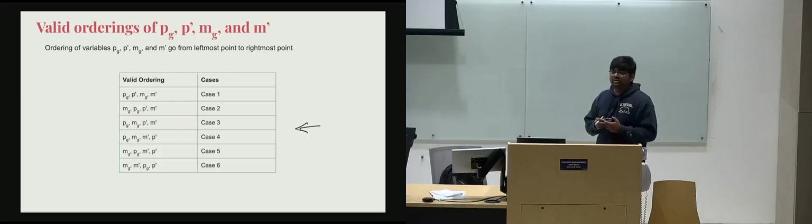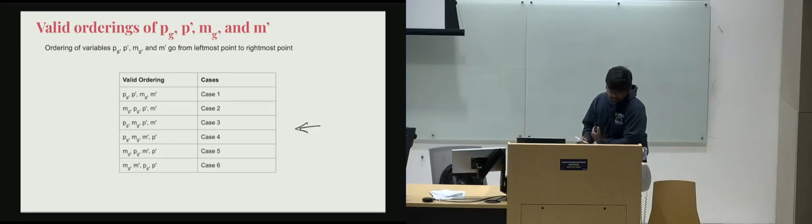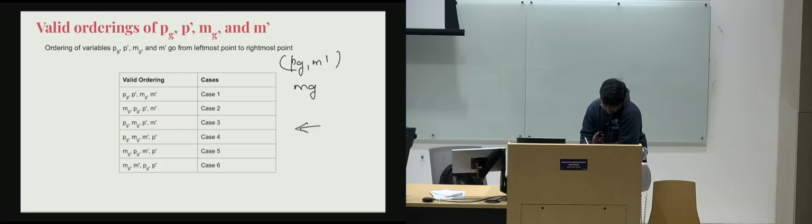Or anyone wants to try this one, this case 1? How would you go and prove it? Yeah. So basically, we have this PG paired with M prime and MG paired with P prime, right?